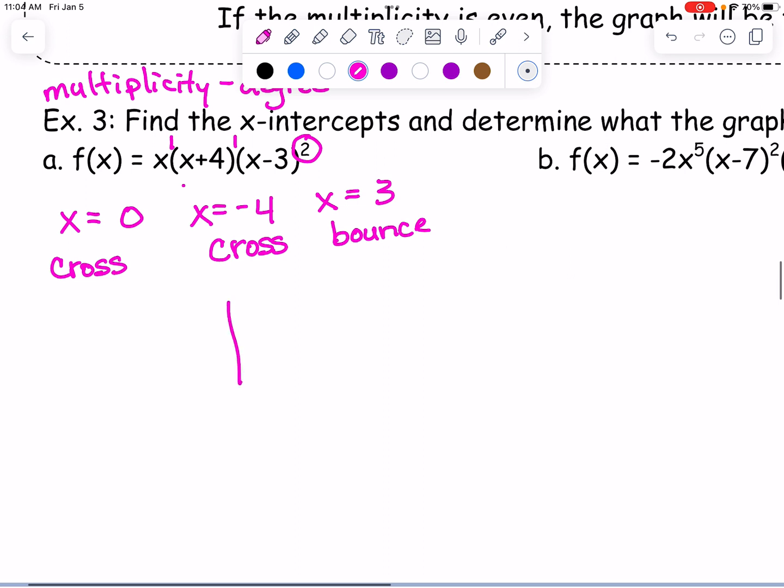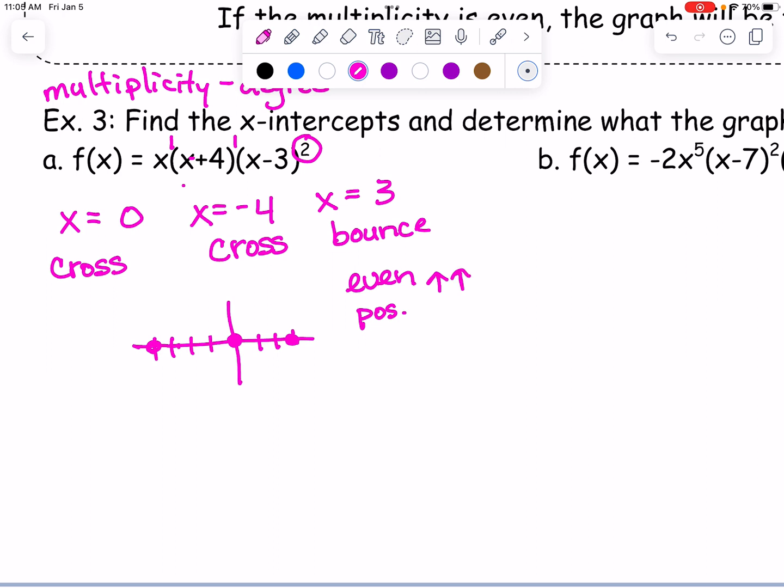You could draw a very rough graph. Your x-intercepts are 0, negative 4, and 3. So we know that this polynomial is an even degree with a positive coefficient, which means that both of our ends are going to be facing up.